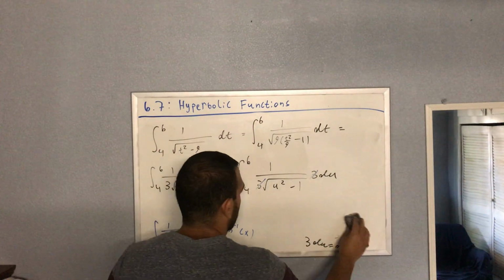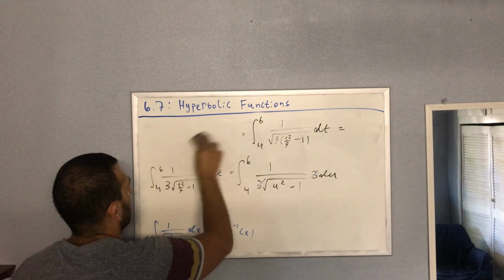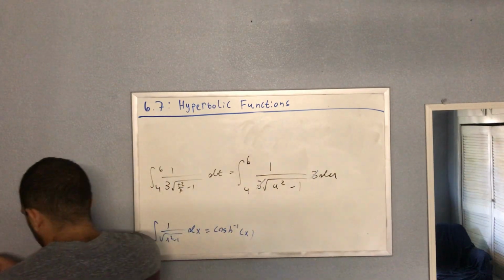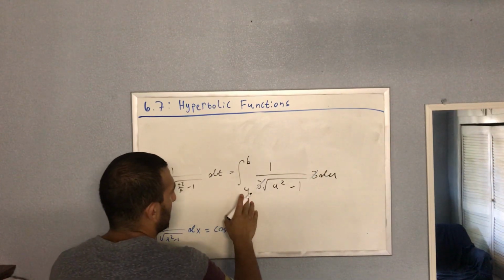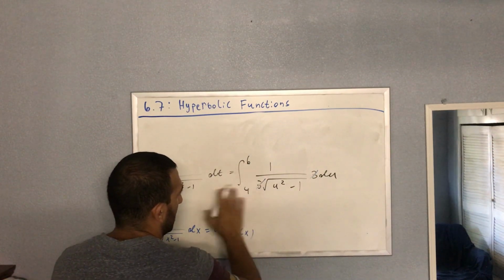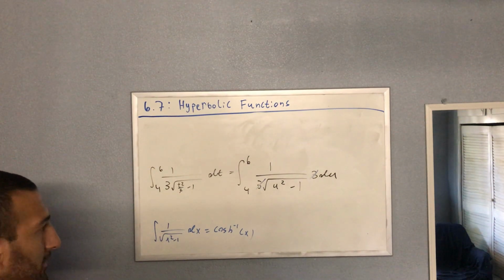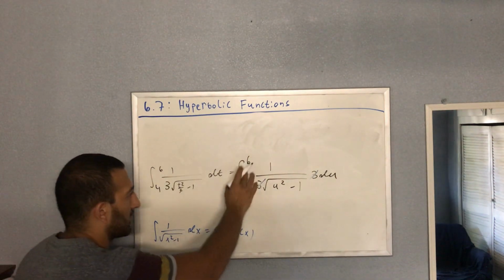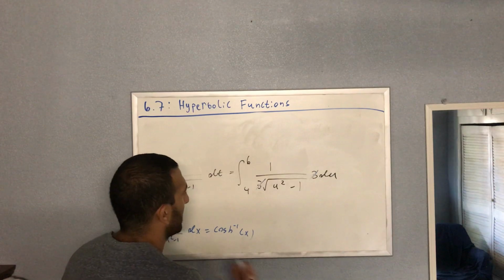I don't want to erase our integral, so maybe we'll go here. So we end up just getting, and these limits of integration, I'm just going to keep them because we can substitute back at the end. Technically, because we did u substitution, you would have to change them, but I'll just keep them.